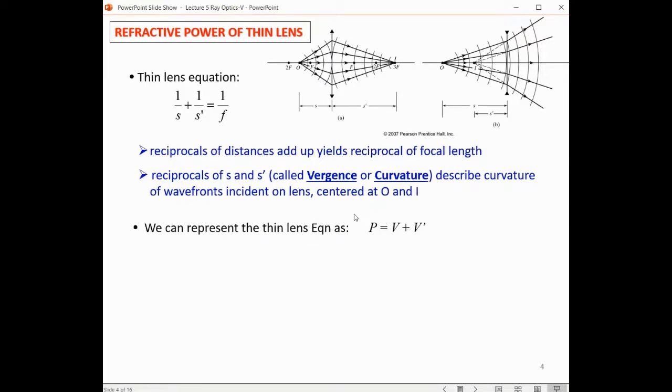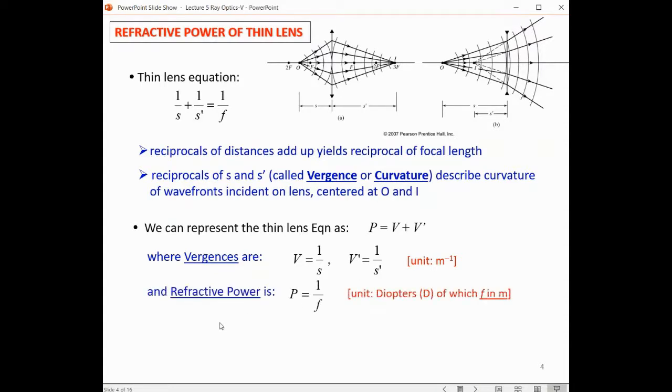Hence, we can represent the thin lens equation as P equals V plus V prime, where V and V prime are the vergences of the object distance and the image distance. And P will be the refractive power of this lens and is the reciprocal of the focal length.